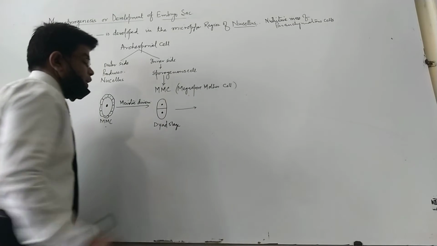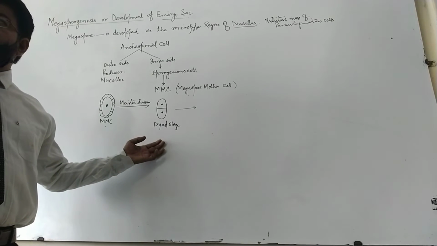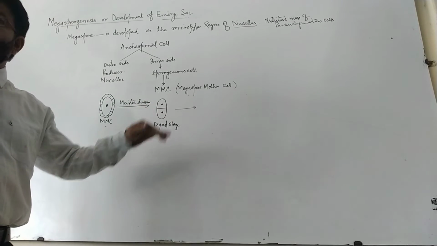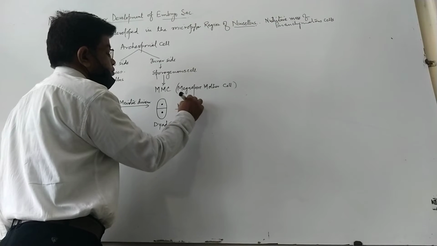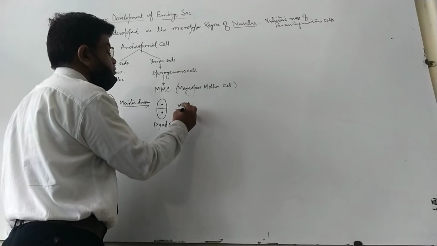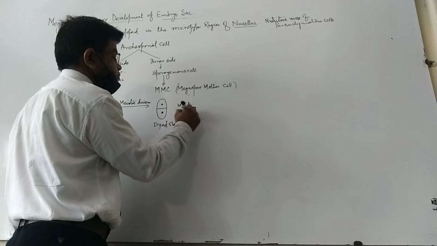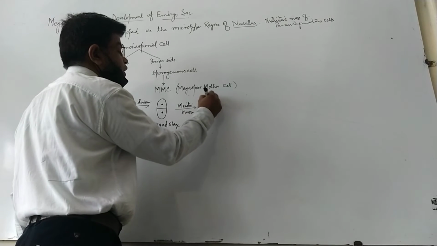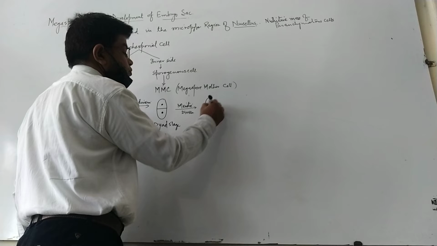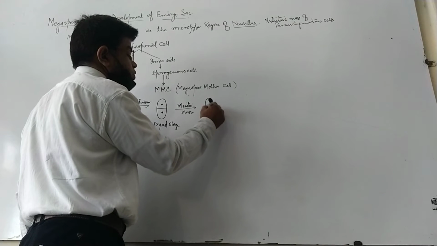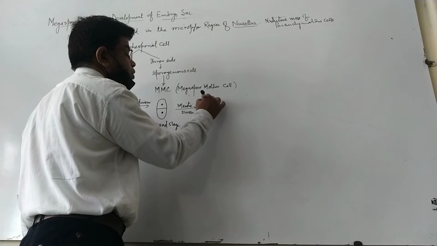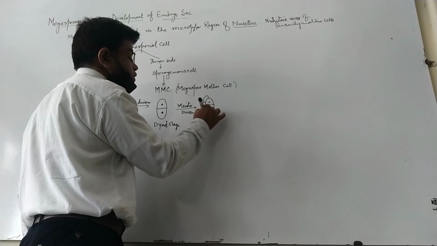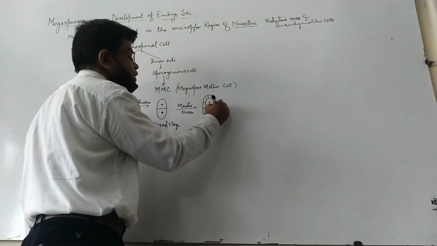Then this dyad stage undergoes the second meiotic division, and in this way it produces 4 megaspores. These are the 4 megaspores, and around them are the cells of nucellus, as we have drawn in the first.